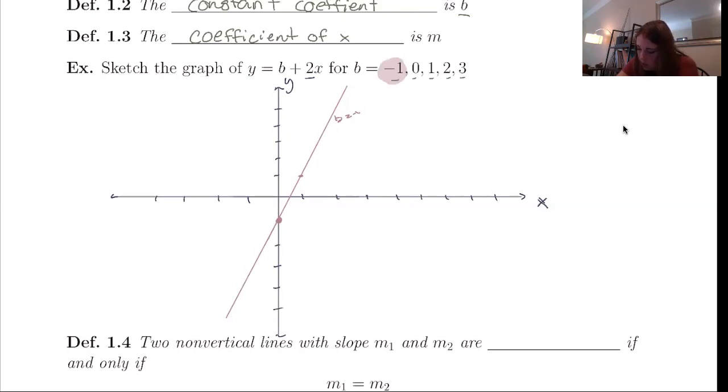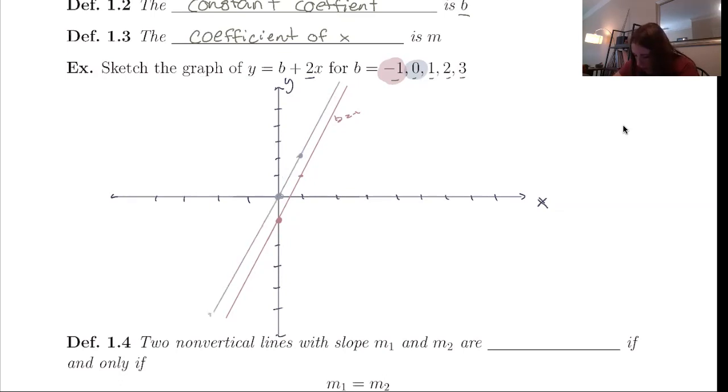So the next one, when b is 0, let's do this blue. Now, y-intercept 0 just means I'm right here at the origin. Go up 2 over 1. Draw this line down here.